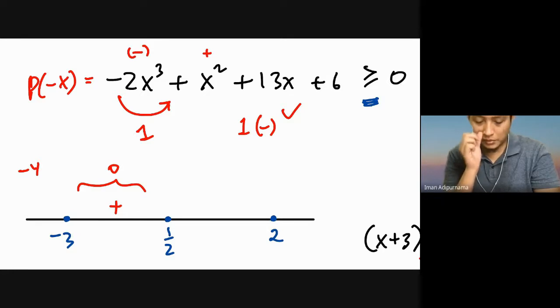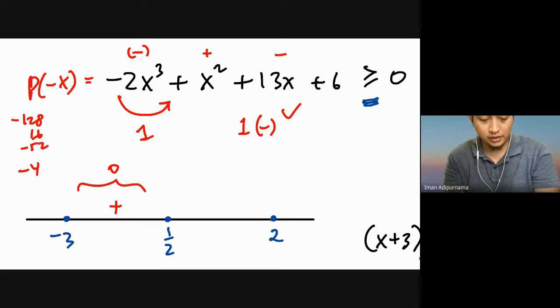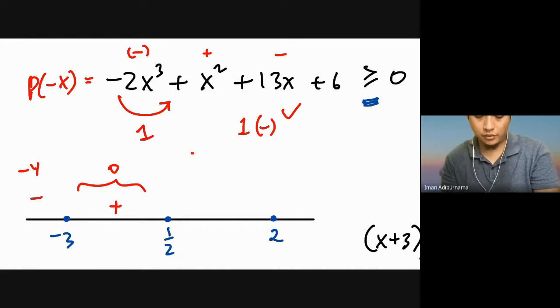Negative 4, we get negative 52. Still, it's negative, right? It's getting negative here. If we have 1, negative 2 plus 1 plus 13 plus 6, okay, it's positive.